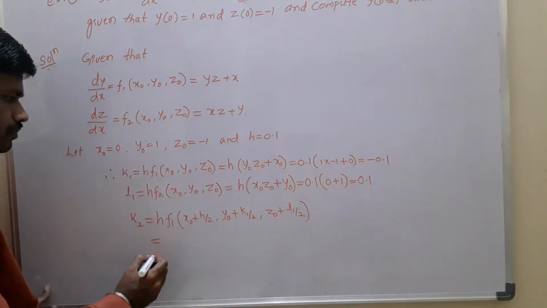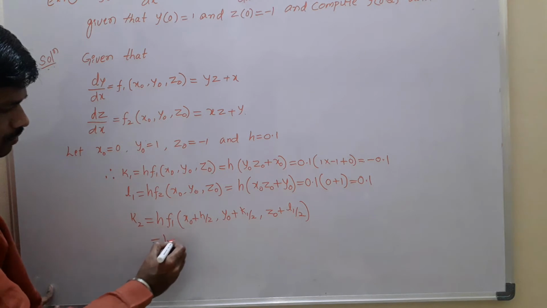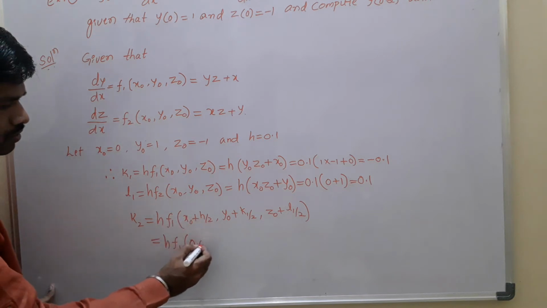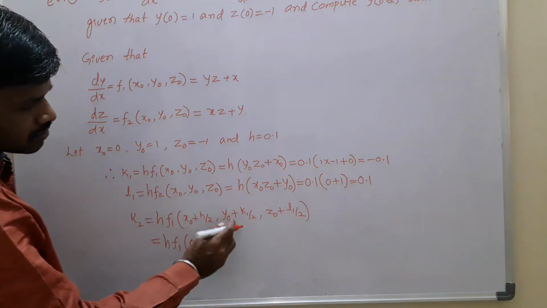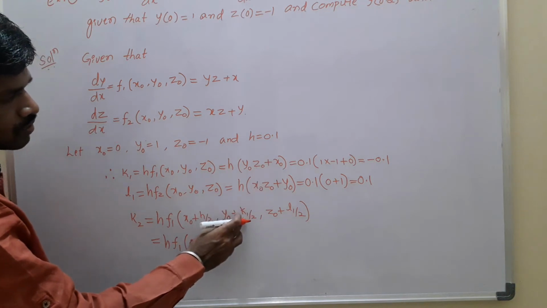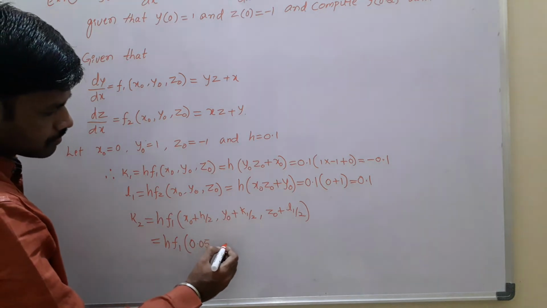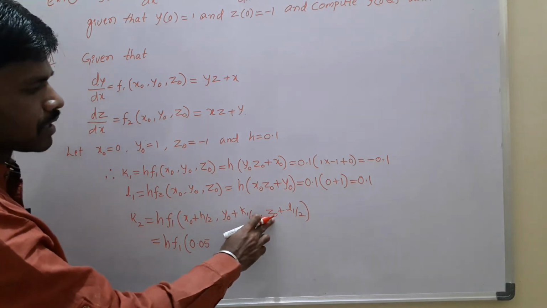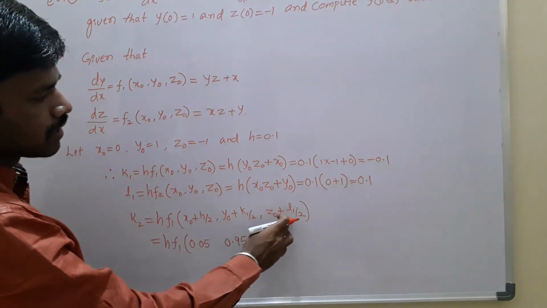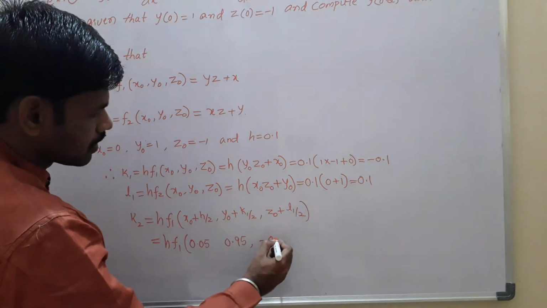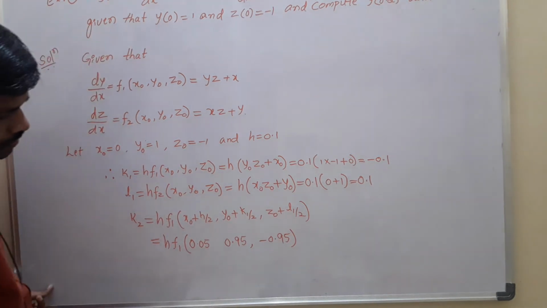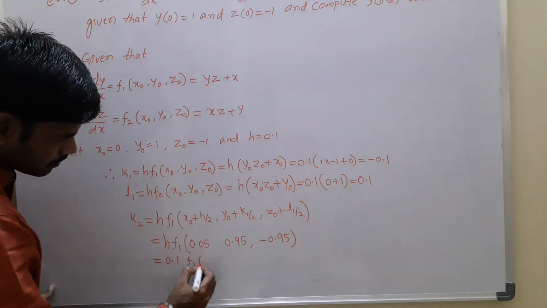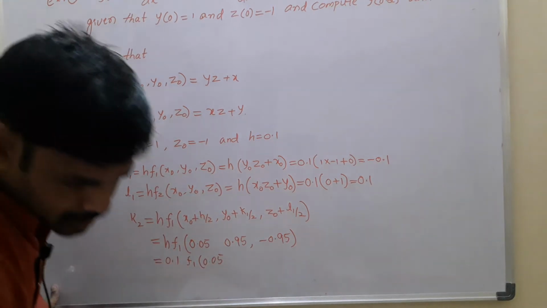So that is equal to h into f1 of x0 plus h by 2, h is 0.1 divided by 2, we get 0.05, this is 0, and y0 is 1 plus k1 by 2 is minus 0.05, so we get 0.95, comma z0 is minus 1 plus L1 by 2 is 0.05, so we get minus 0.95. So substitute the value 0.1 and f1.